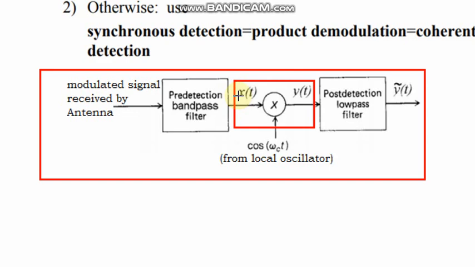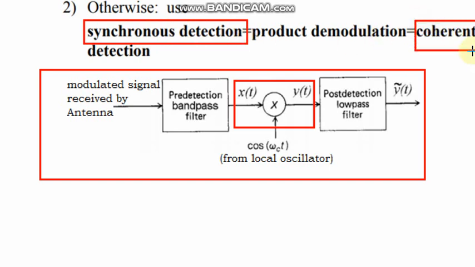The local oscillator is also generating a cosine wave of frequency fc, meaning both have the same frequency. One more term you have to remember: x(t) and cos ωct should have the same phase also.